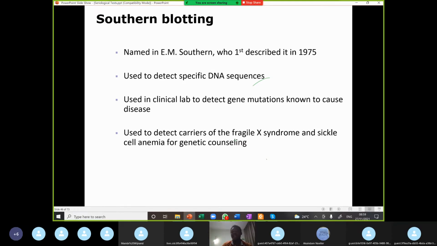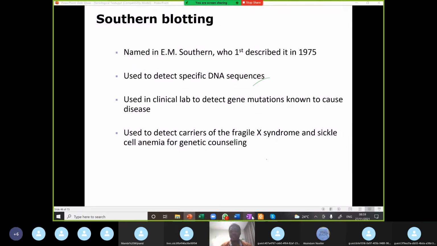A more widely applicable technique is what we call Southern blotting. Southern blotting is named after the scientist E.M. Southern, who described the technique for the first time in 1975. Here he used specific DNA sequences to detect mutation.